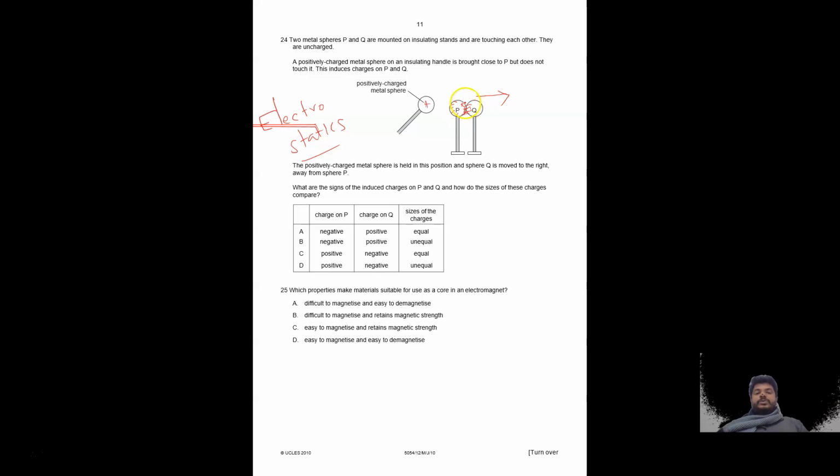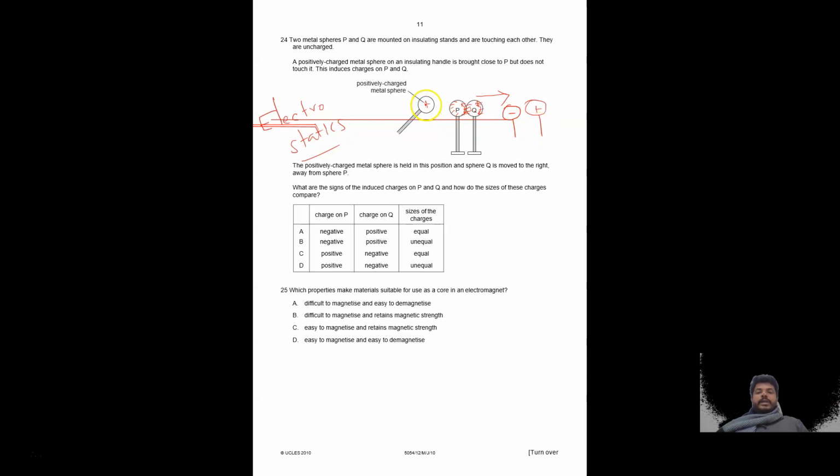They supply electrons and try to neutralize the right side of P. So the part touching each other becomes neutral. As they move apart, Q becomes positively charged and P becomes negatively charged.